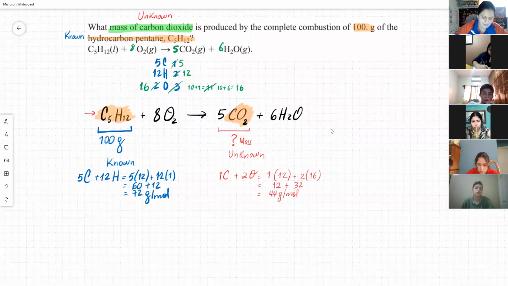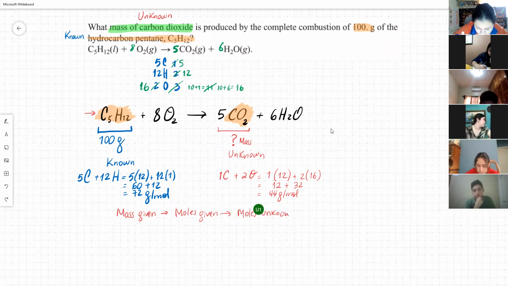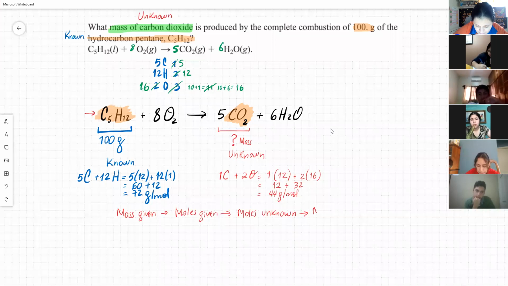So what I do now is I write my path. Remember, the path is from mass given to moles given to moles unknown to grams or mass unknown, okay?